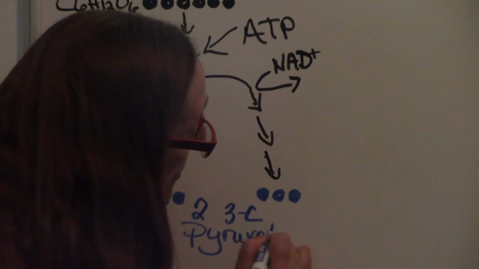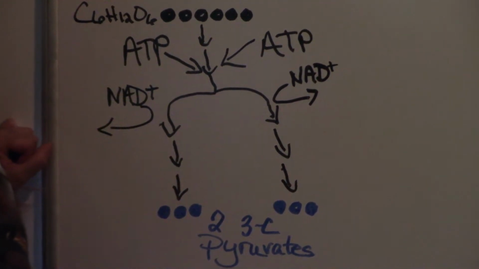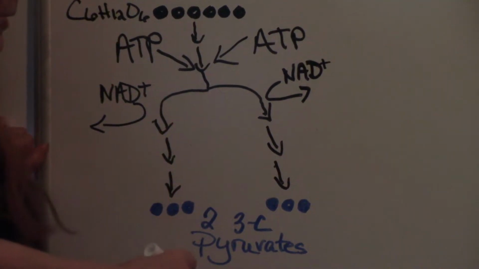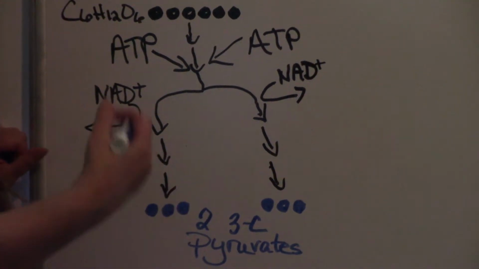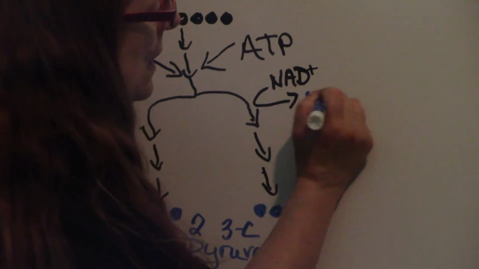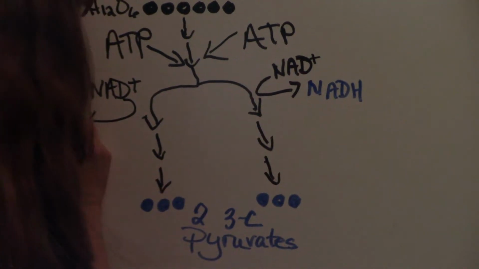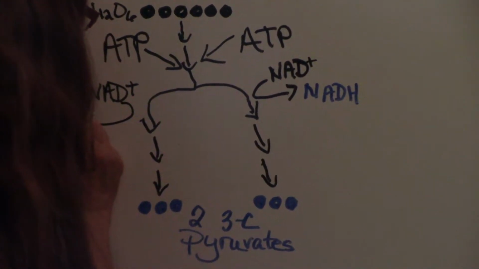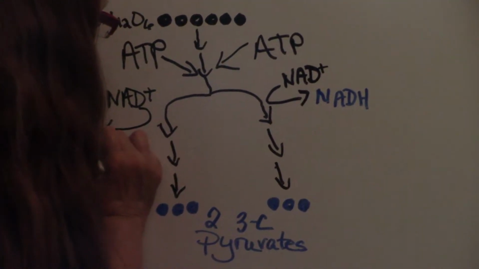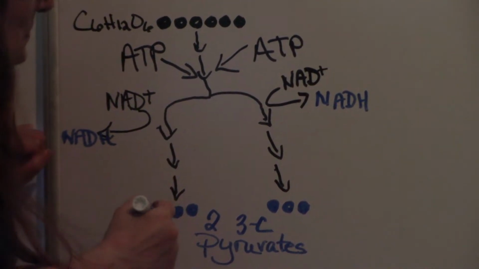I've put the chemical structure of pyruvate in your notes. You don't have to know that, but you can look at it if you'd like to see that it truly does have 3 carbons. The NAD pluses are reduced. In other words, the passengers get in to the taxi. The electrons and the hydrogen ions.